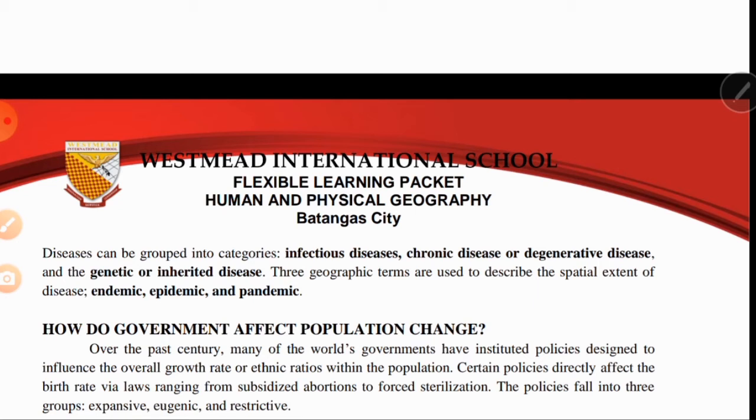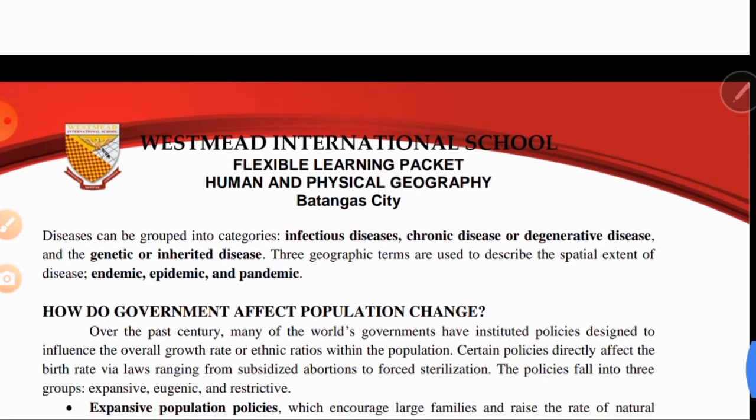Then the chronic or degenerative disease, the maladies of longevity and old age, such as heart disease. Then the genetic or inherited disease, syempre, from our ancestors, the chromosomes, the genes that define our makeup. Yun.